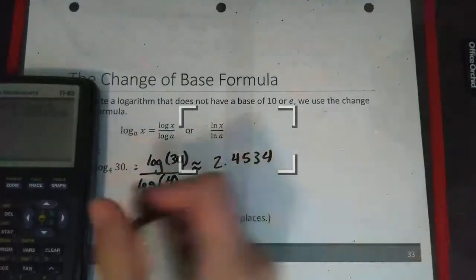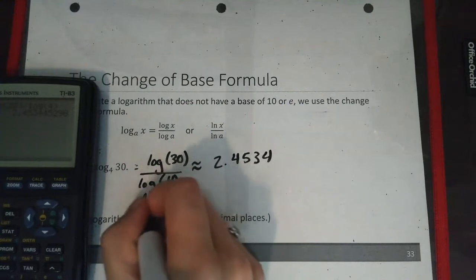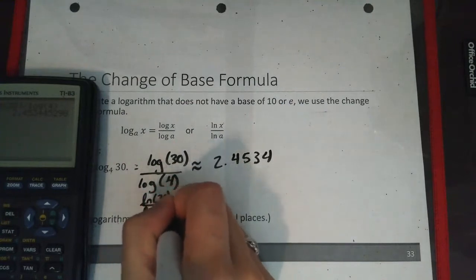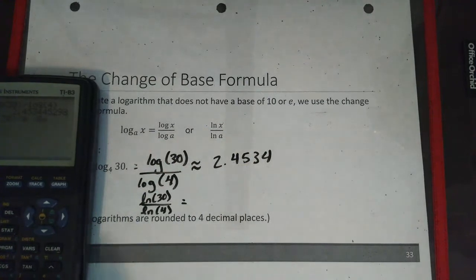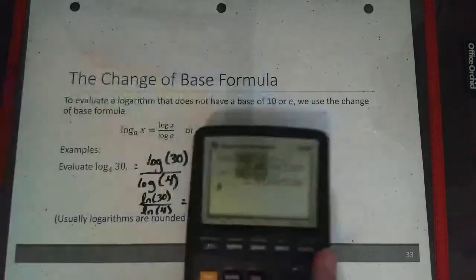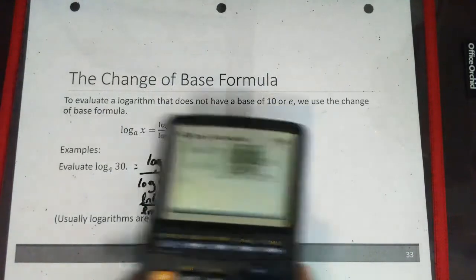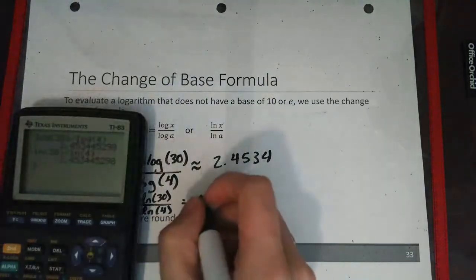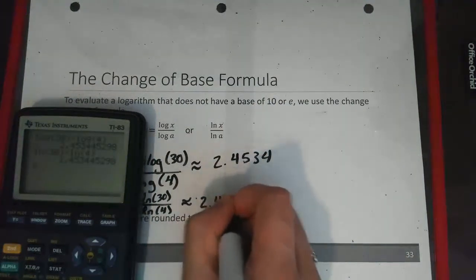But I could also use the natural log. If I do the natural log of 30 over the natural log of 4, notice I'm getting the same value. So it doesn't matter whether you use common log or natural log as long as you use the same one in the numerator and denominator.